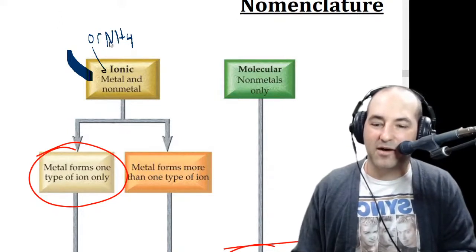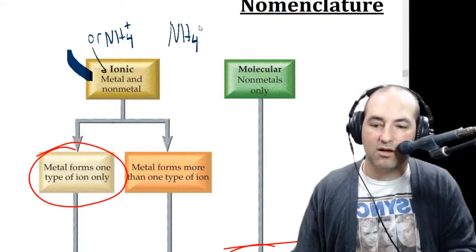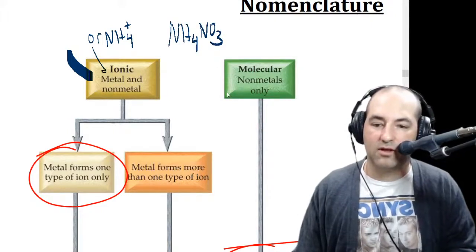If we have an NH4 ion, you could have a compound that is totally nonmetals and is still ionic. So like NH4NO3 or something like that.